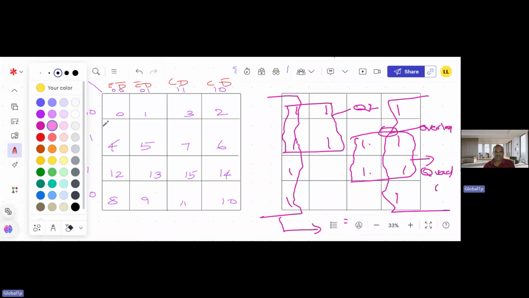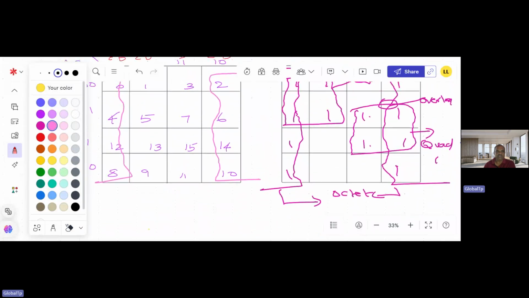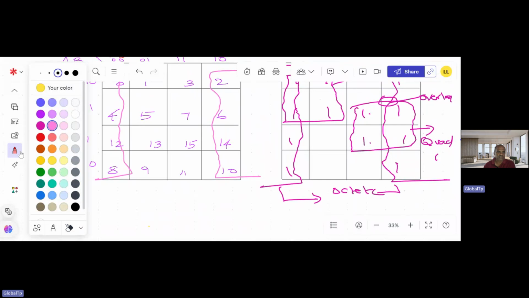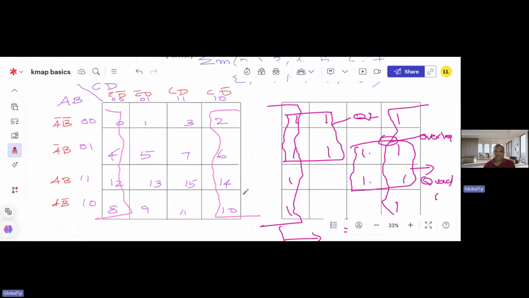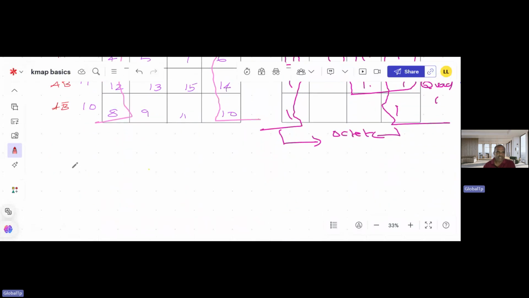The octet is formed. So I am just forming the group like this, this cell and this cell. While drawing, use pencils, otherwise the process will be confused. So use pencil first. Don't check other groups. First take the octet combination. So I am writing the answer for octet first.